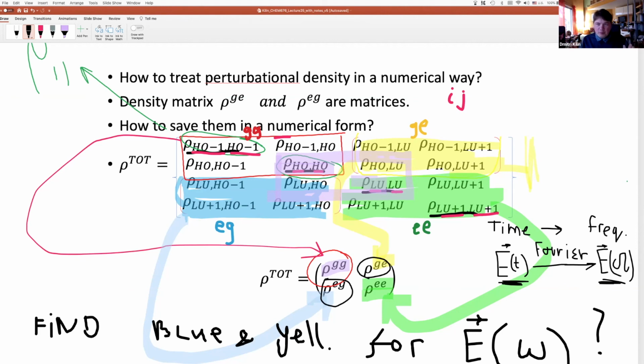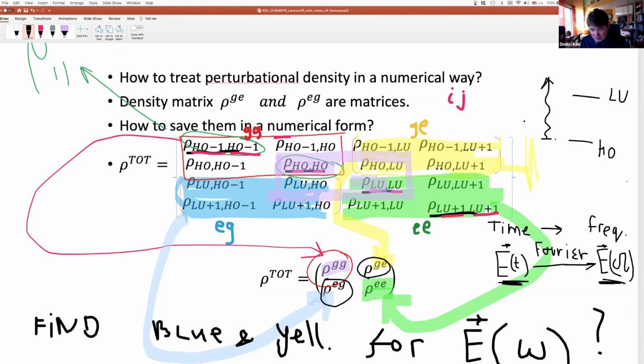Let me bring a rational discussion on the basis of common sense. If we have this two-level molecule, which consists only of HOMO and LUMO, and we excite it with a photon of a frequency that is bigger than the HOMO-LUMO offset, the molecule will not be excited.